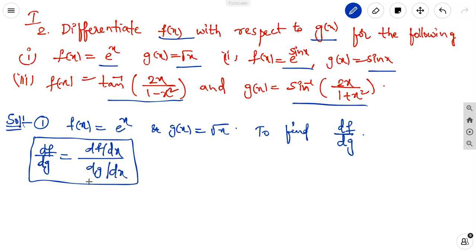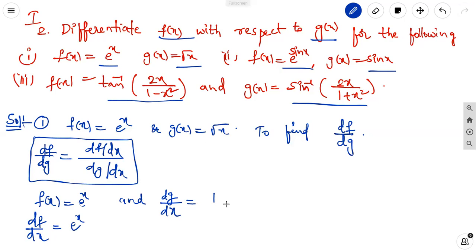In that case, f function is f of x equal to e power x. It is differentiating with respect to x, means df by dx equal to e power x, differentiation is e power x. And same thing, g function is differentiating with respect to x, root x differentiation is 1 by 2 root x.